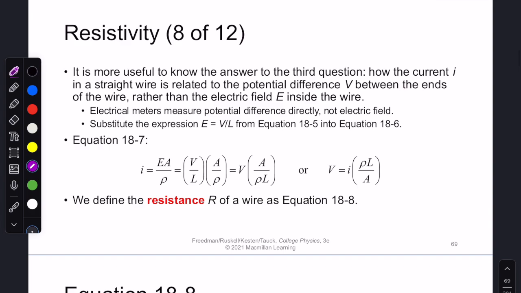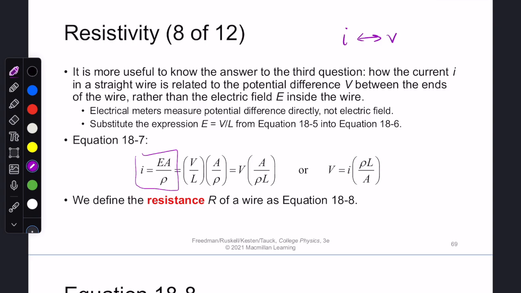So to look at the third relationship, we were comparing basically I and V. Let's take the equation we just learned, the relationship between I and electric field.